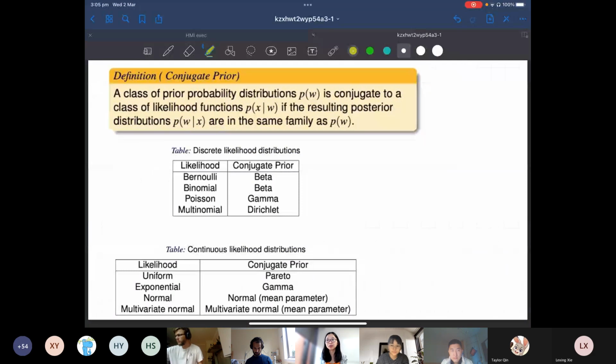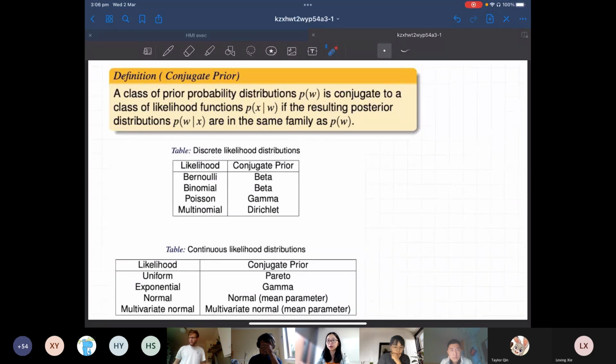Before we jump to conditional Gaussians, there is a term called conjugate prior that's worth knowing. We know that if our data is X, our parameters are called W. P of W can be called the prior distribution. In the frequentist view, when we do maximum likelihood, we don't really assume W is anything. We just estimate W from the data.